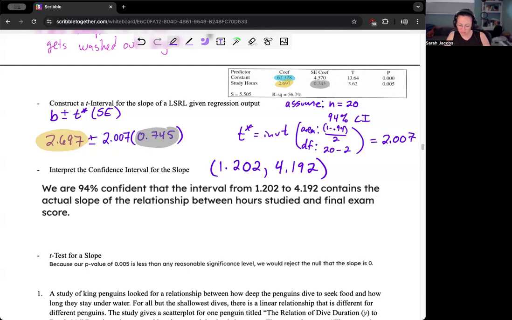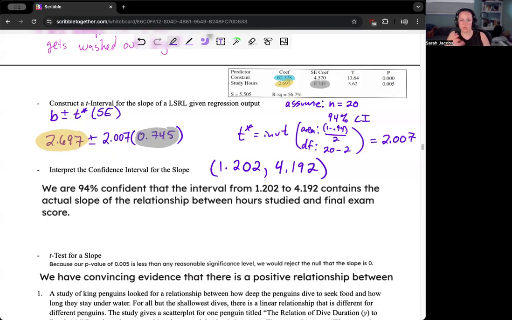And then here is sentence 2. We have convincing evidence that there is a positive relationship. And I'm saying positive because the interval contained only positive values. Our slope was positive. Like, it can't be positive or negative because then zero is a possibility.